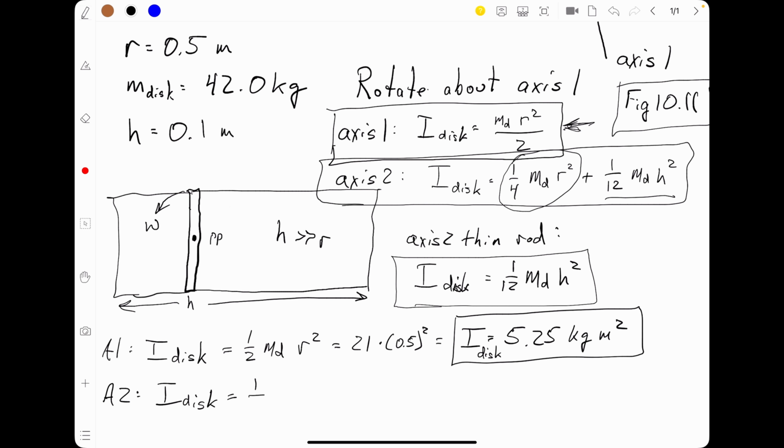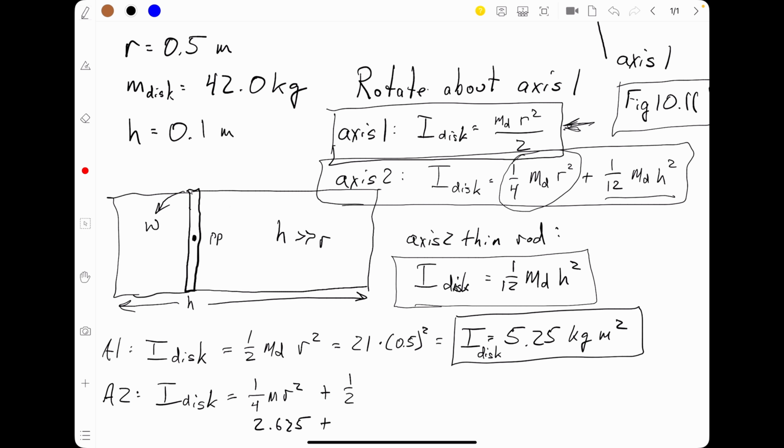Well, 1/4 mr squared is going to equal just half of what we came up with just there. So 5.25 divided by 2 is 2.625. So I'm going to write 2.625 right there.